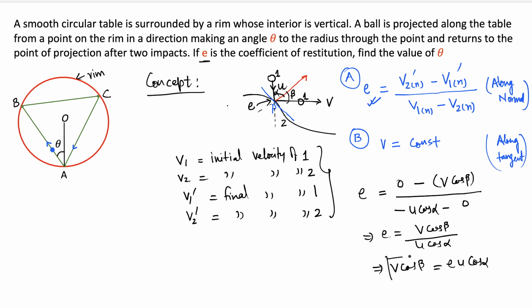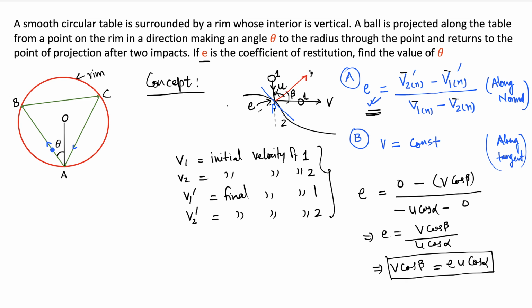Typically we always deal with something like this, and this is true only when the second object, the one with which object 1 is impacting, is not moving. But this is the formula you should remember and always use. It will come in very handy, and it will also work when object 1 and object 2 are both moving. You just need to treat them as vectors, so that you take the direction and the component along the normal.